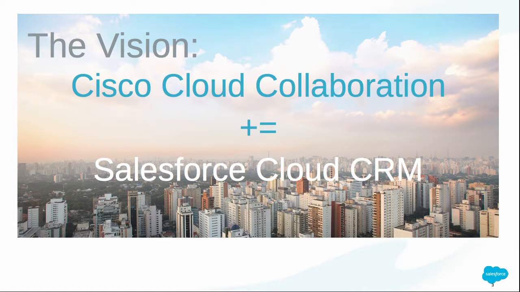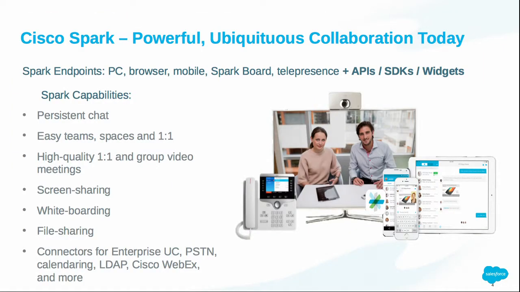You all use communications as well: phone, text, chat messages, video conferences, online meetings. But the twain really don't particularly meet, right? They're different experiences. And the vision we have is to unify those to some extent.